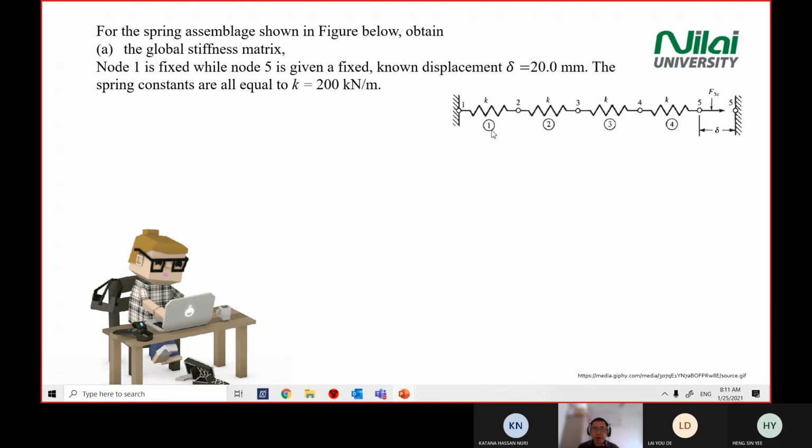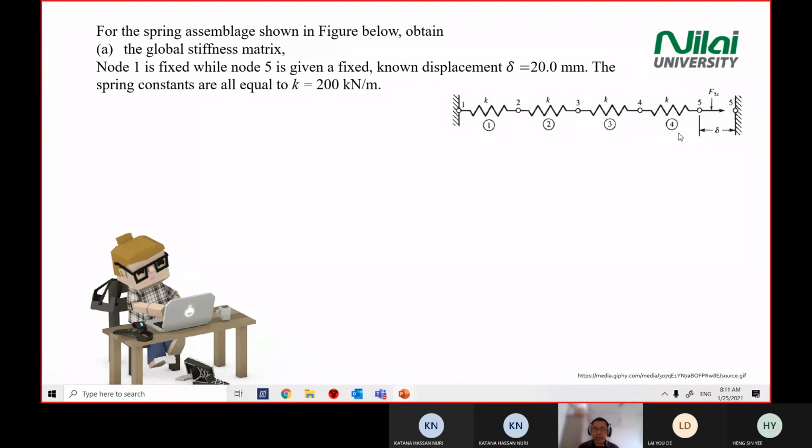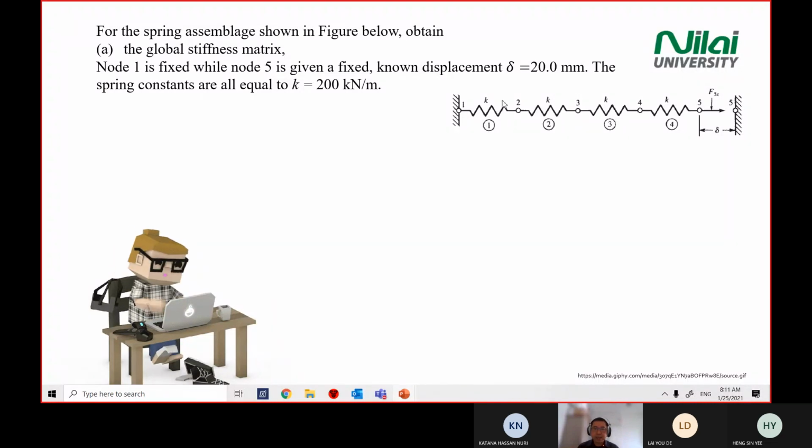We have 4 springs and 5 nodes, and we have an external force at node number 5, labeled as F sub 5x, where x means in the x direction. And there's a displacement at point number 5.